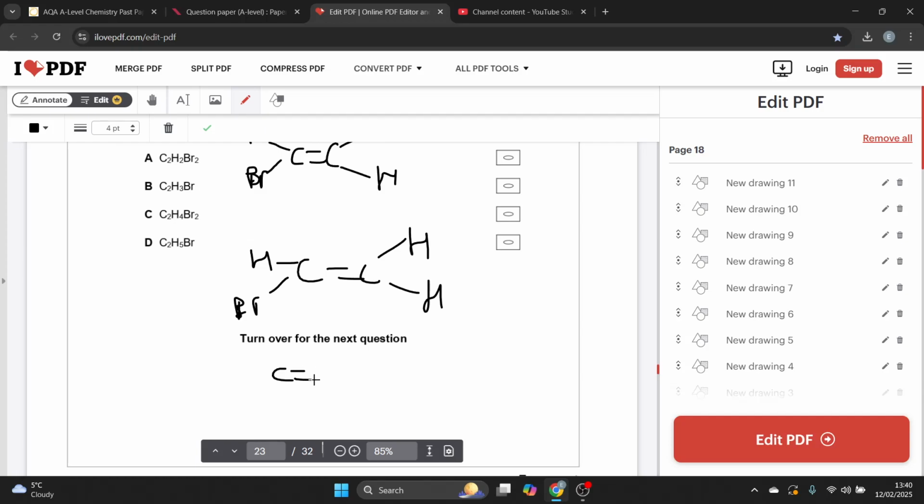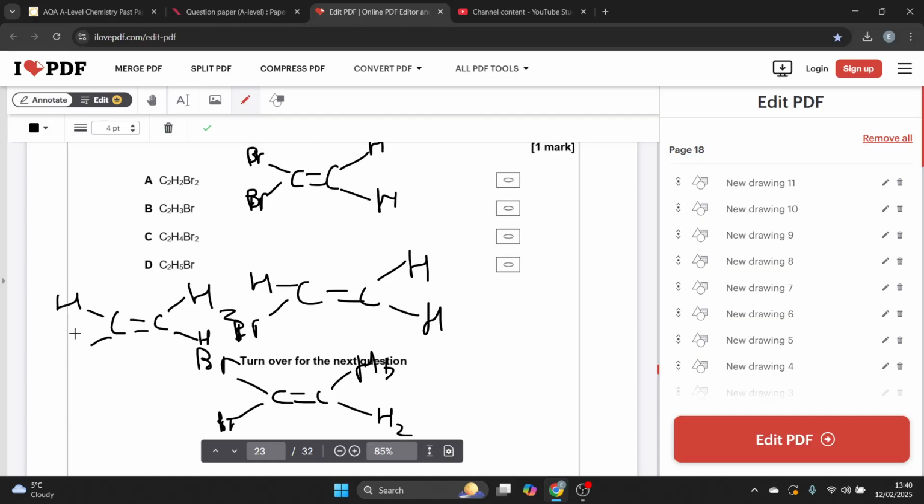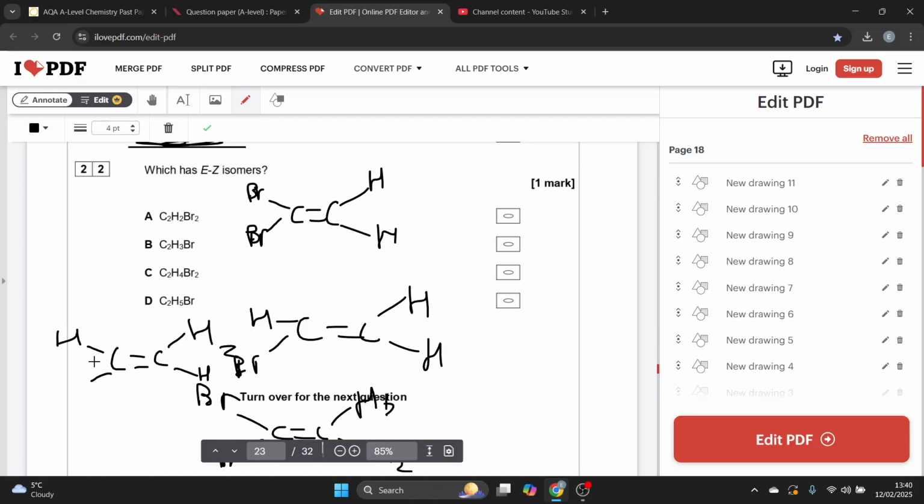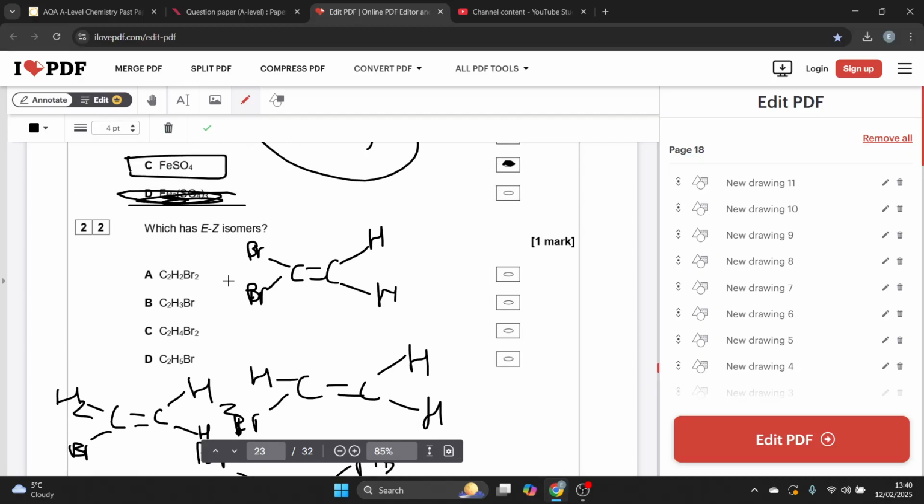Look at the third one. And look at the fourth one. Let's just put 2 there. Put 2 there. Which one has EZ isomers?